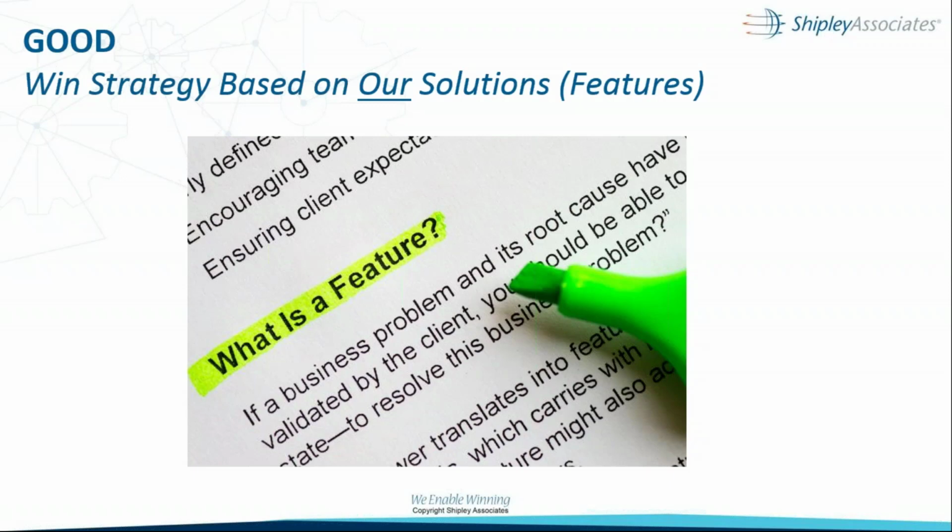And then I've asked David to spend a little bit of time talking about the best approach to developing a win strategy. And that's where we're going to get into the 5 elements, if you will, the 5 key ingredients to a really effective win strategy. So Mark, I'm going to turn time over to you and talk to us about a good win strategy plan.